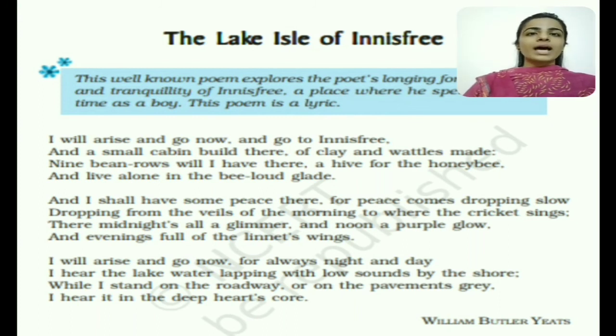These four words are the ending words of each line. Innisfree and honeybee, these two sounds are similar, so we will give them A. Then made and glade, these both words we will give B. So we can say that this poem follows the rhyme scheme ABAB.